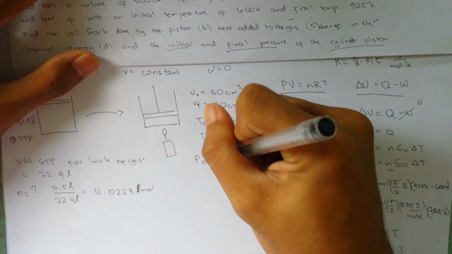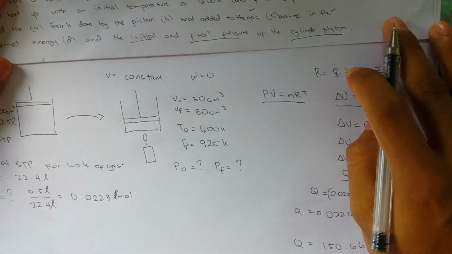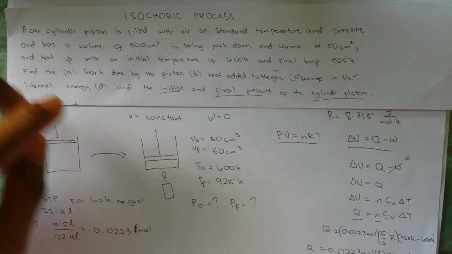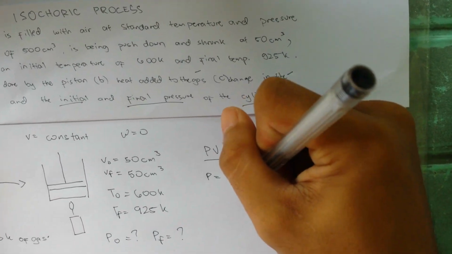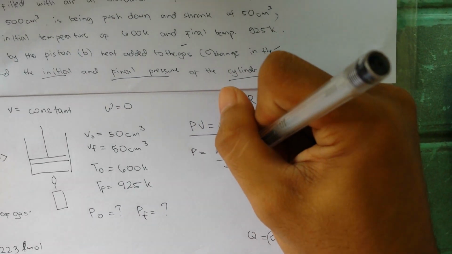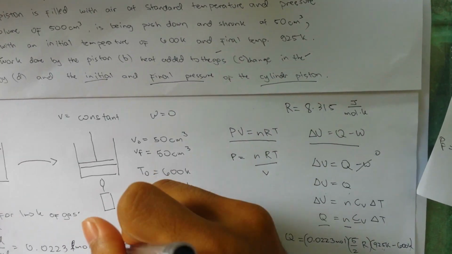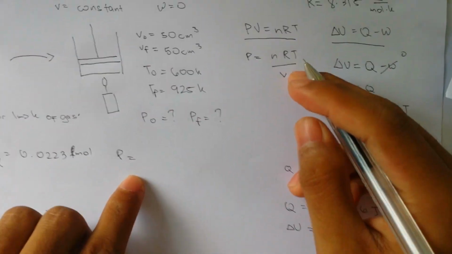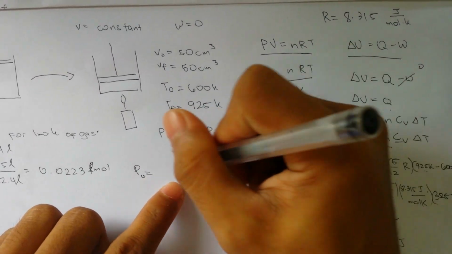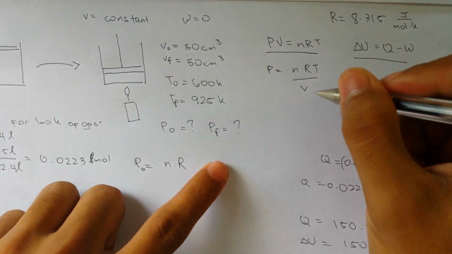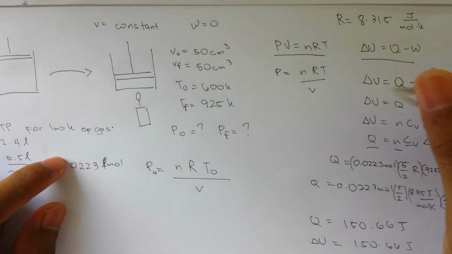First, we're gonna rearrange: P is equal to nRT divided by V. Since we are trying to solve the initial pressure, initial pressure is equal to nR times initial temperature, divided by the volume.